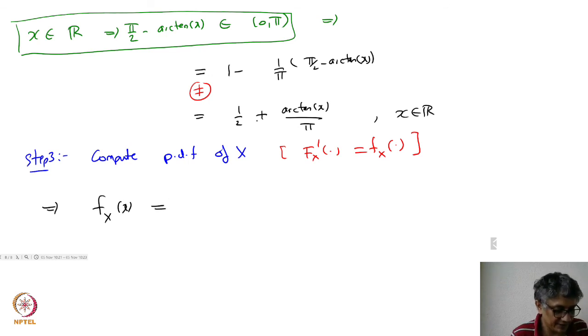If you differentiate this, the half is 0, and the derivative of arc tangent is 1 over 1 plus x squared. So you get 1 by pi times 1 plus x squared for x in R.